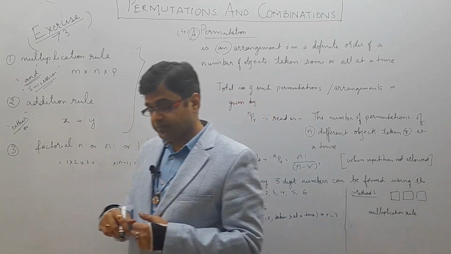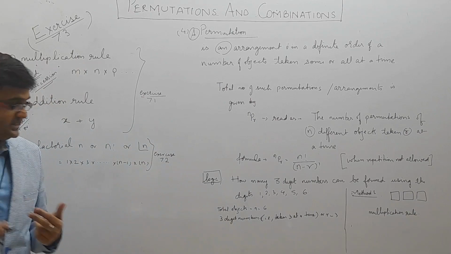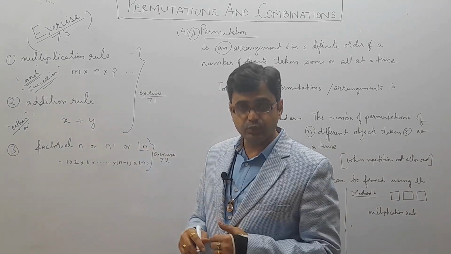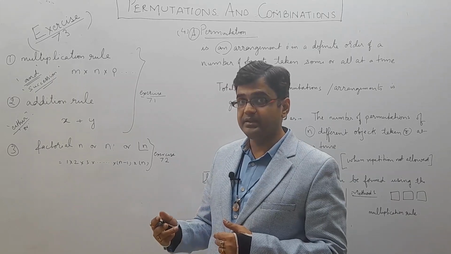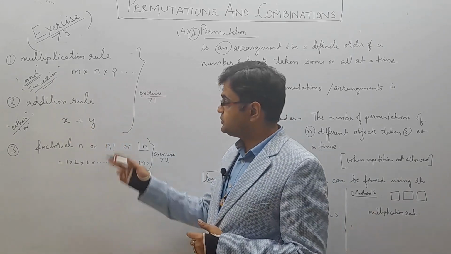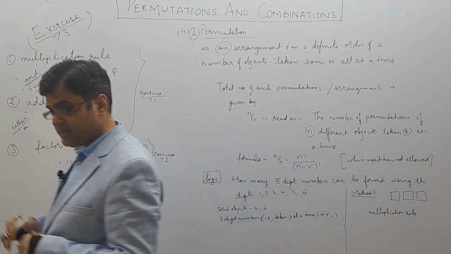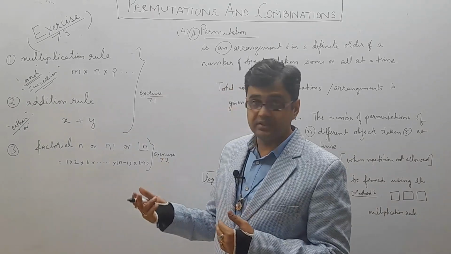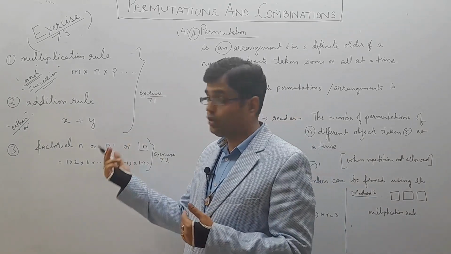And addition rule says that if an event can occur in x ways independently and another event takes place in y ways again independently, that means not in succession, not one after the other. It's basically either or.